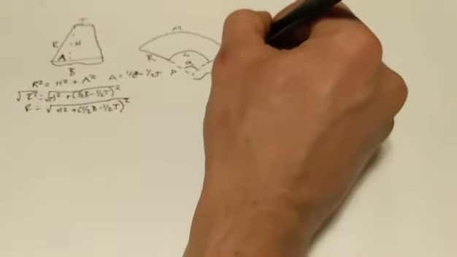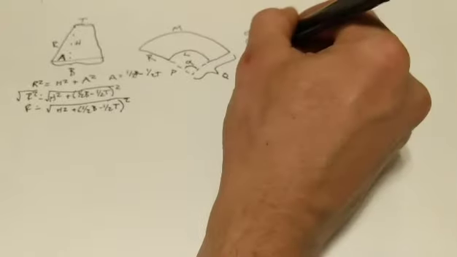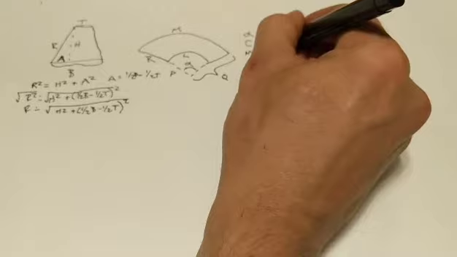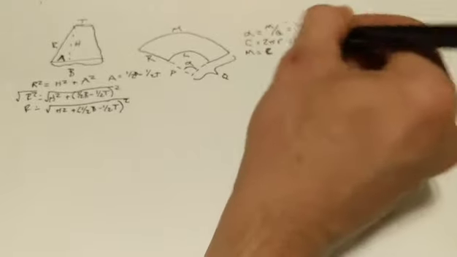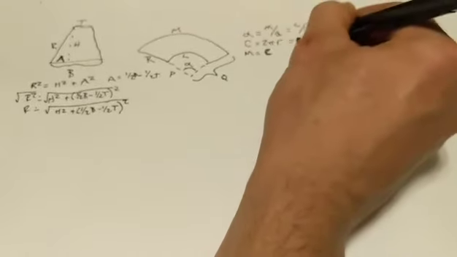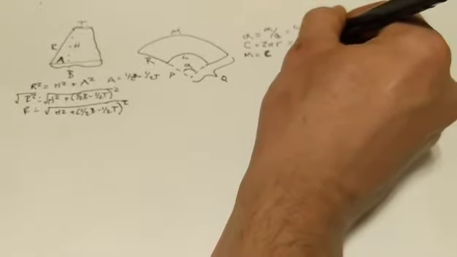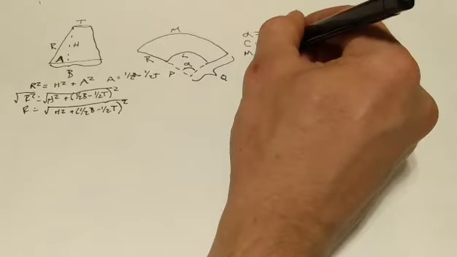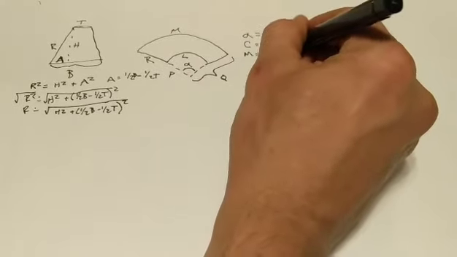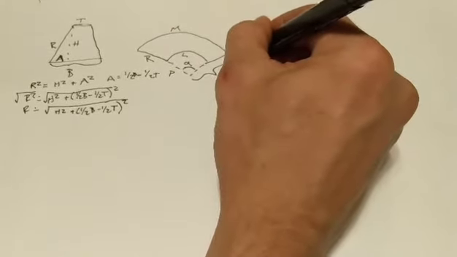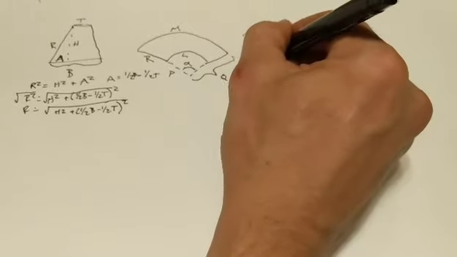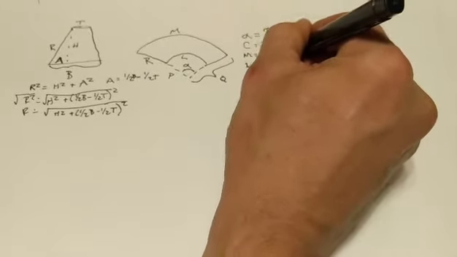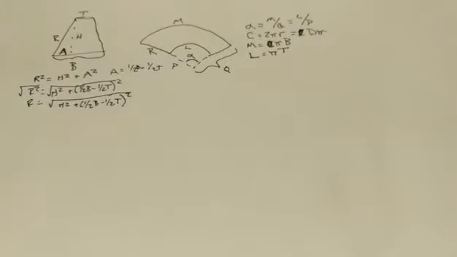So in our case, M would equal pi B, and L would equal pi T. Okay.